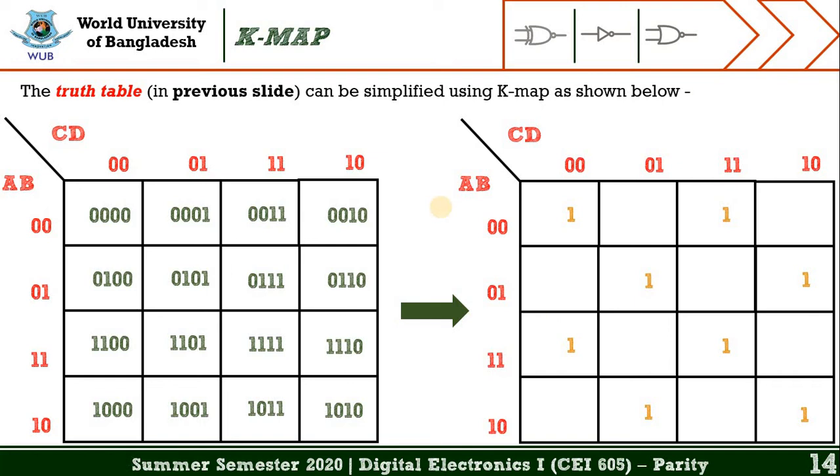If we place it as the even parity checker, then we get the right K-map, and we place only 1 in each cell where 1 has occurred in the right K-map. So don't confuse these things. I hope you guys will understand these things. For your understanding, I have attached this K-map in this slide. So let's move into the next slide.